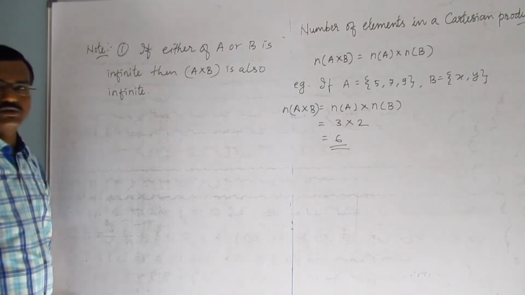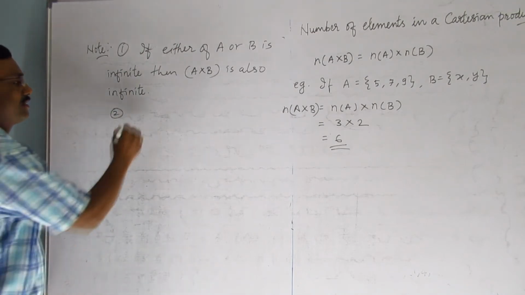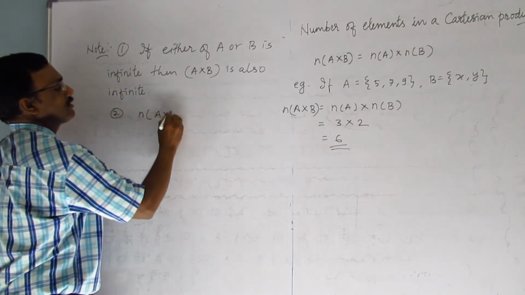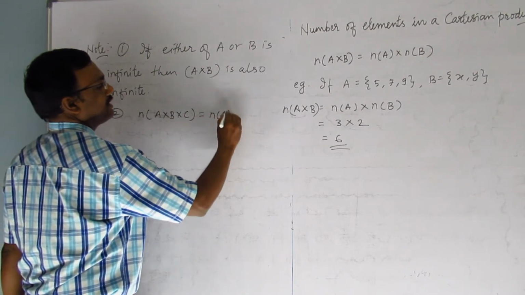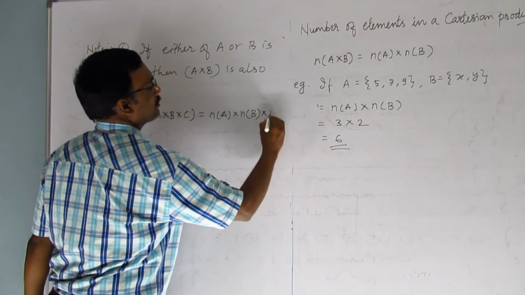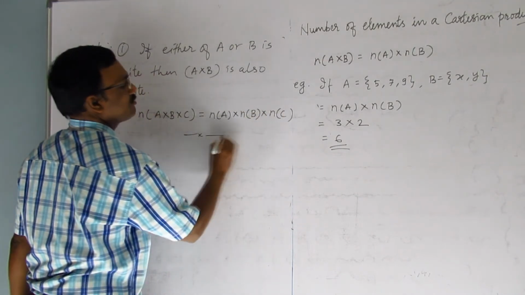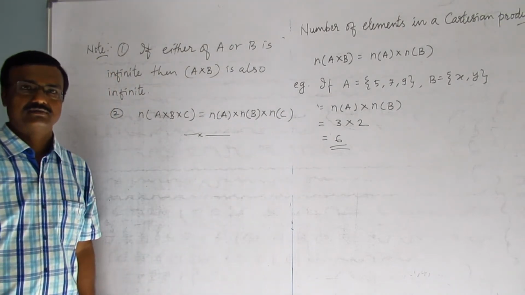Okay, this is the first note. And second note is number of elements in A cross B cross C is equal to number of elements in A multiplied by number of elements in B multiplied by number of elements in C. Just similar to the previous case. That's all from Cartesian products.